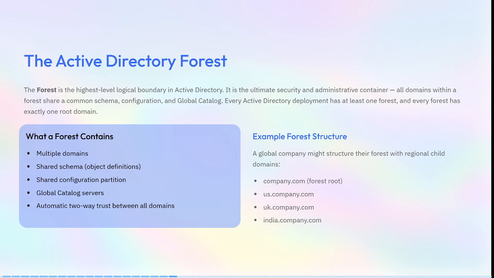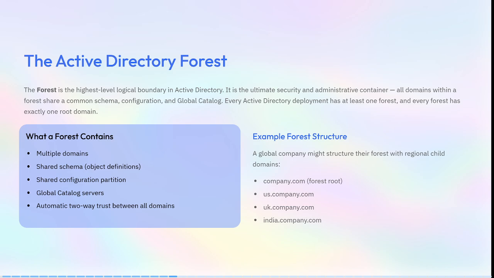So at least one forest will be there in each organization. If only a single domain controller is there in your organization and you configured it as company.com, that is also called a forest, and in that forest, that is the domain.